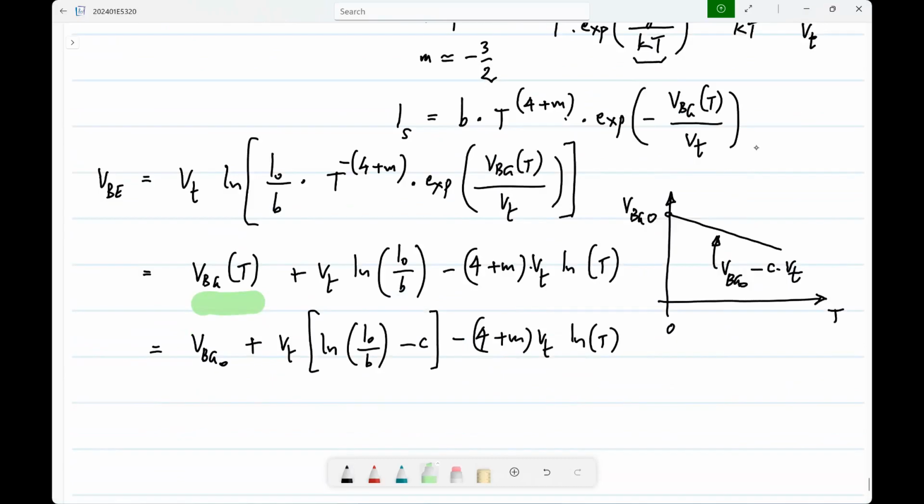So you have a constant. Obviously, this is just the material property. It's basically the extrapolated band gap of silicon, or whichever material you choose to make the device in. For us, it is silicon at 0 Kelvin.